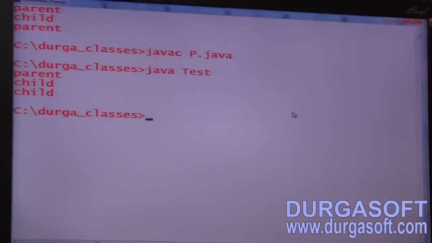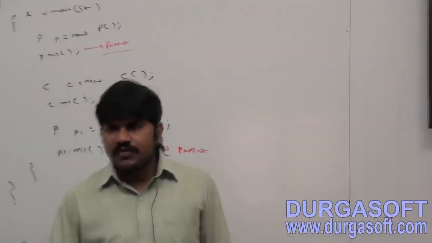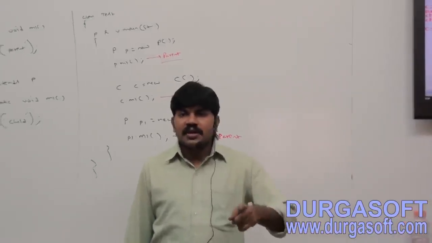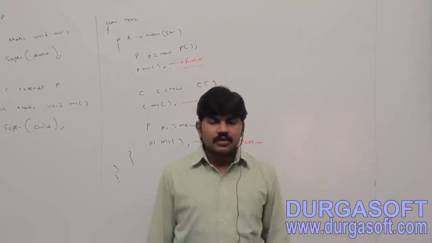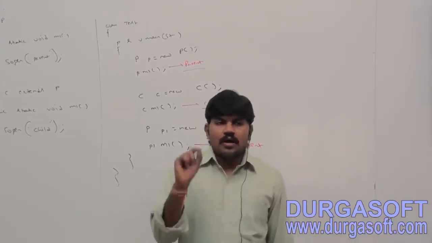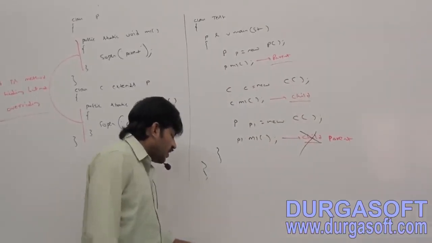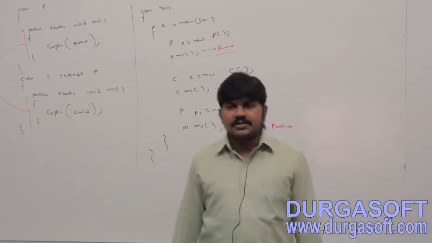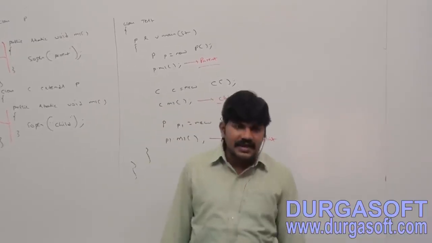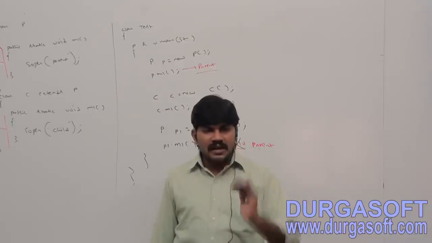Are you getting this? This is the difference between overriding and method hiding. Are you able to understand? So all rules are the same, only a small difference between method hiding and overriding.